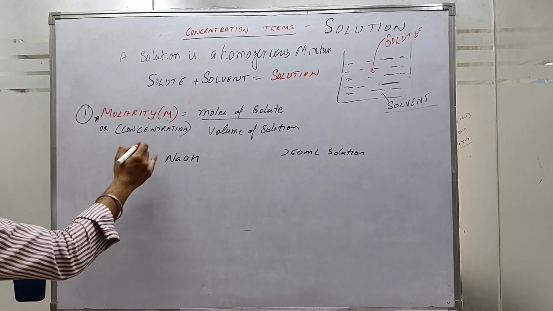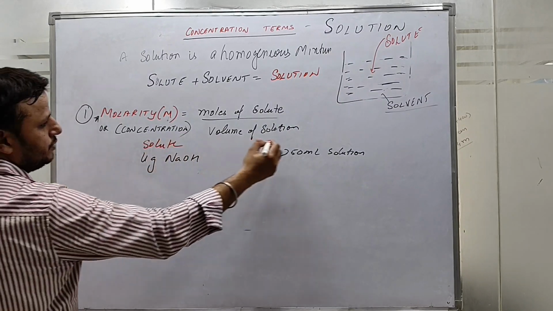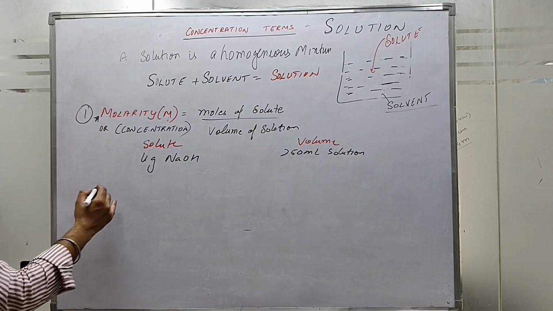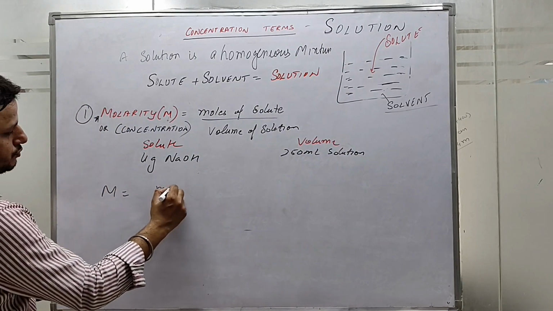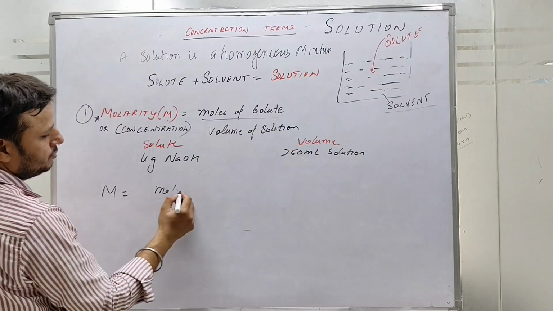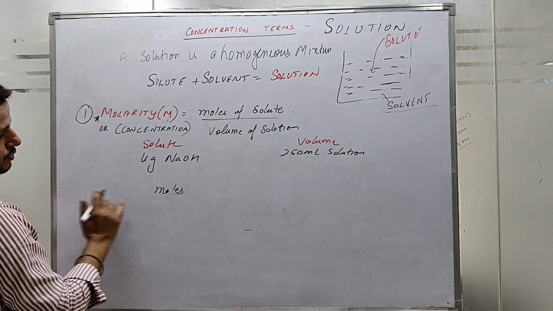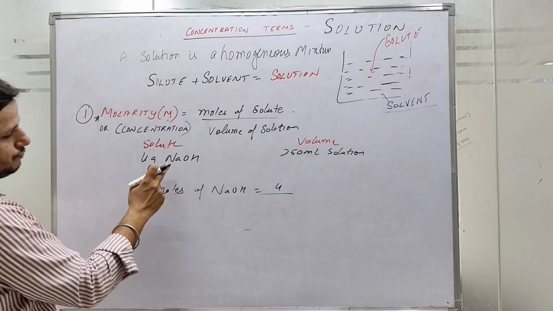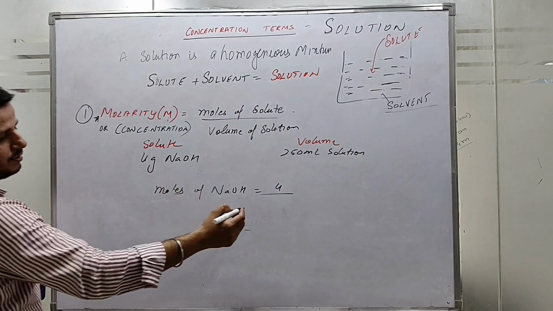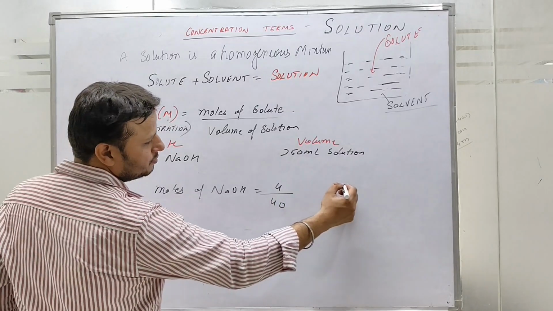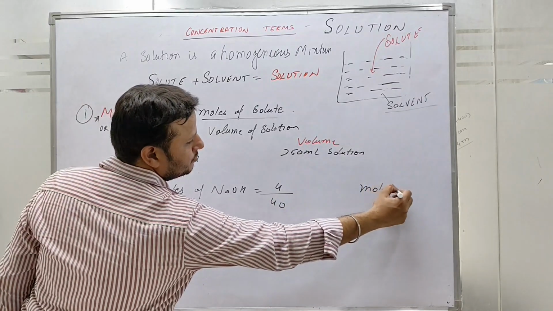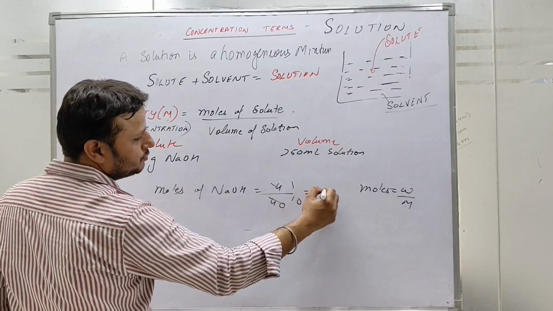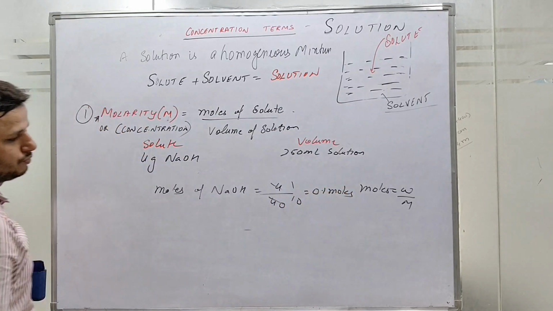So this is solute, and we are given volume of solution. Molarity is equal to moles of solute. The moles of solute is moles of NaOH: 4 divided by 23 plus 16 plus 1, given mass by molar mass. So 4 upon 40, 1 over 10, equal to 0.1 moles.